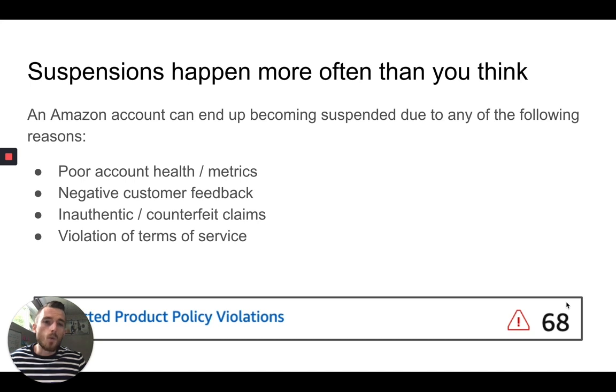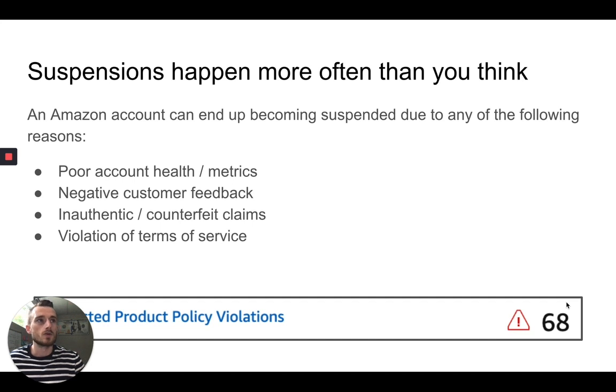Suspensions happen way more often than you think, okay, guys? Sometimes for the silliest reasons. One of the most common reasons for an account to become suspended or deactivated is poor account metrics or poor account health. You can get negative metrics from simple things like shipping to Amazon FBA.